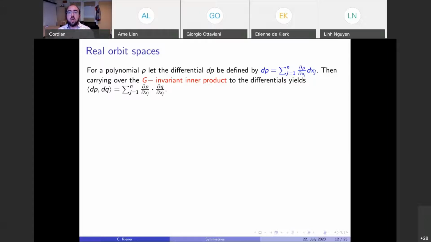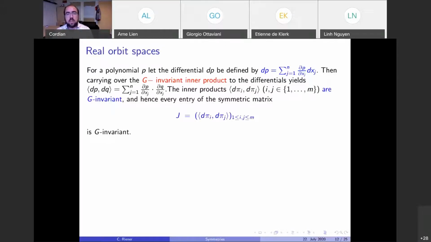I just look at differentials of polynomials, forms like dp, and we already saw that on Rn I have a G-invariant scalar product. Now I can take this to these differentials and define the scalar product of differentials, and this is an invariant product.